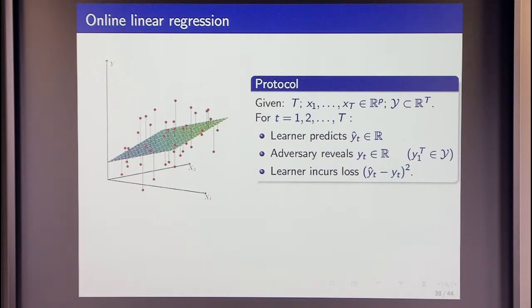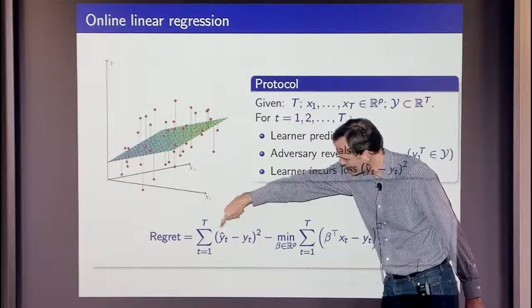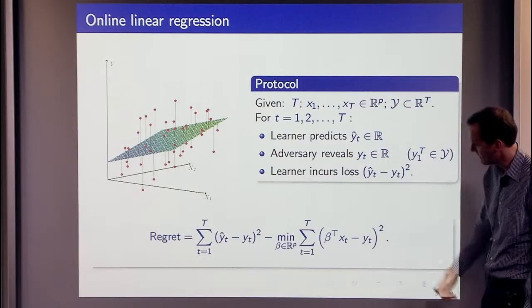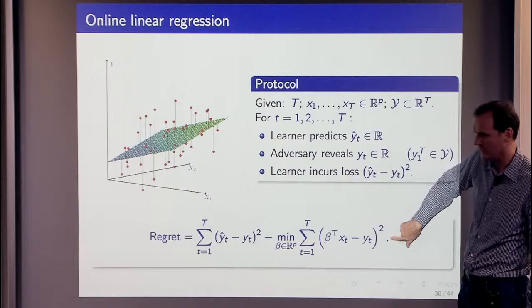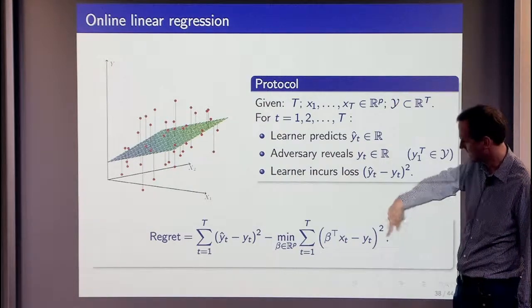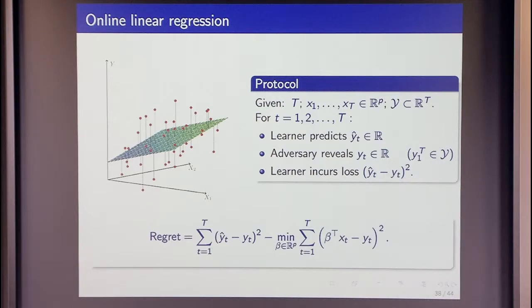And then we incur a loss that's just the squared difference between our prediction and the actual outcome. Okay, so it's a sequential fixed design linear regression sort of a game, and the comparison class here is, we're allowed to predict any real number, but we're competing with the best linear prediction. So this is a least squares comparison.